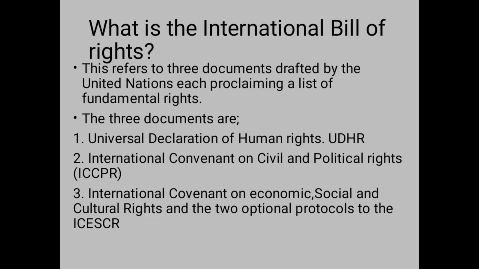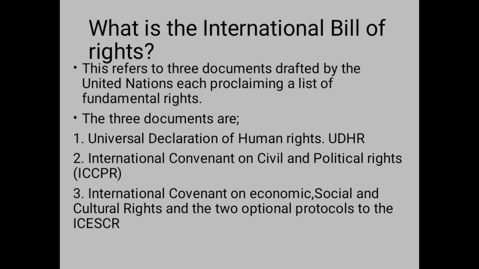What are these documents? The first one is the Universal Declaration of Human Rights, UDHR. This one was drafted by the United Nations. It has a list of fundamental rights as well. Then the second one is the International Covenant on Civil and Political Rights, ICCPR.